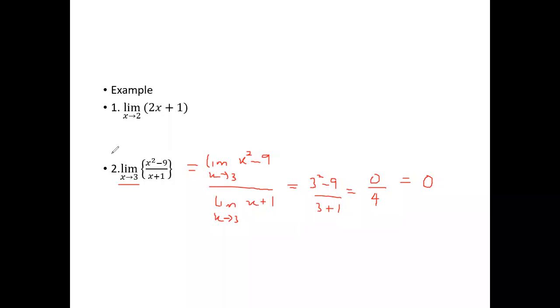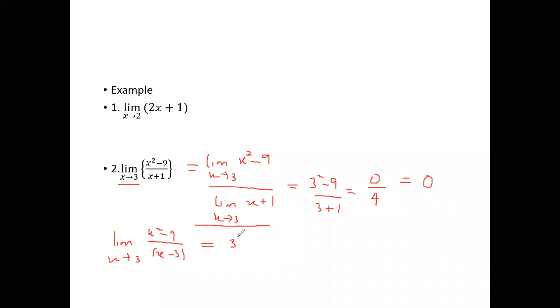So let's take another example. Assuming for the same question, I change the denominator to look like this: x squared minus 9 over x minus 3. And I ask you to find the limit as x approaches 3. Per the evaluation, I'm going to skip this step and go straight to the next one.